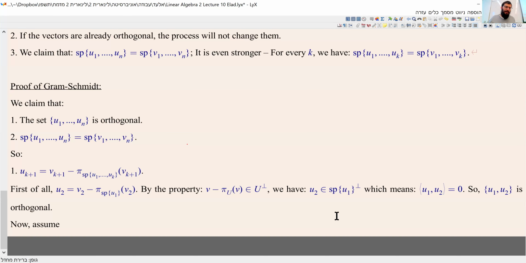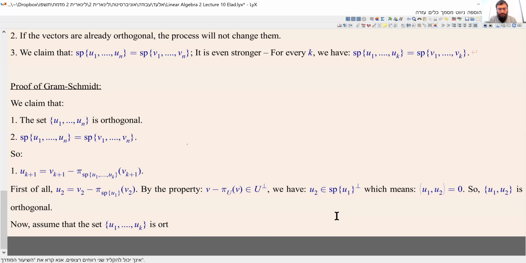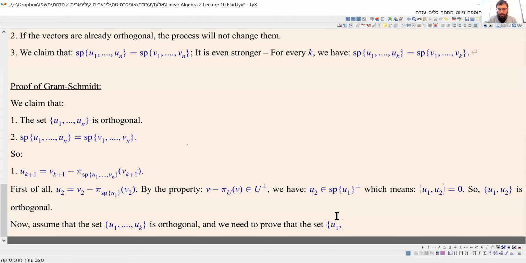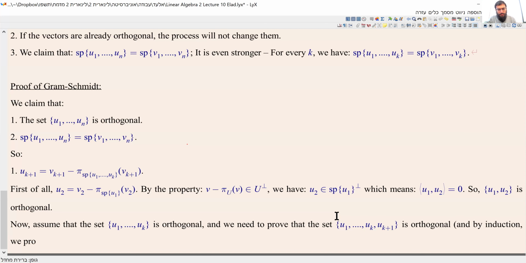Assume that the set u1 to uk is orthogonal, and we need to prove that the set u1 till u_{k+1} is orthogonal, and by induction we prove our claim.